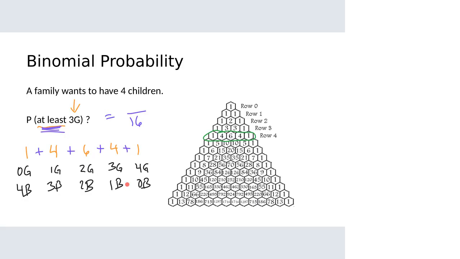So right here is 3 girls. That would be exactly 3 girls. But this said at least. So 3 or more would be considered successes. So 3 girls is a success. 4 girls is a success. So altogether we have 5 successes out of our 16 outcomes. And so the probability of at least 3 girls is 5 out of 16.